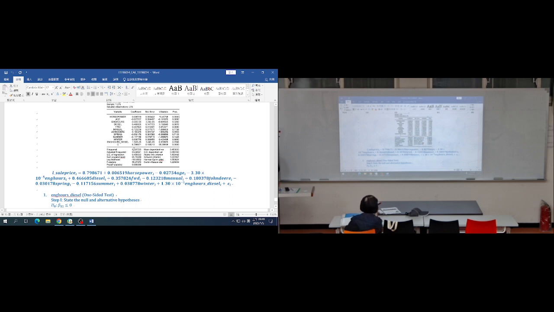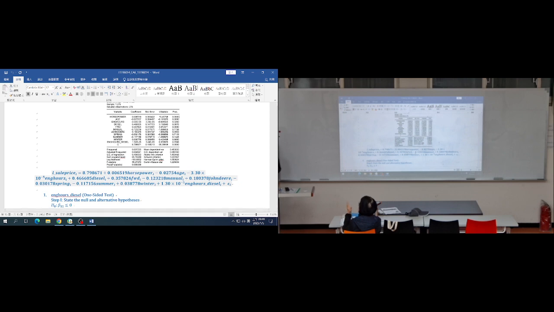According to the t-statistics, the p-value is pretty large. It's larger than the significance level, which is called alpha.